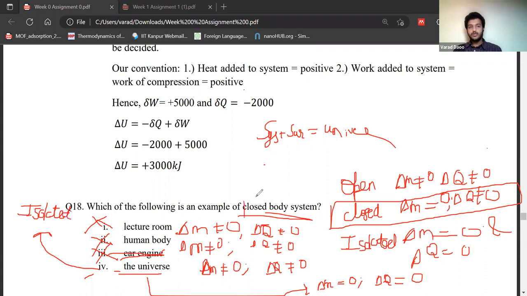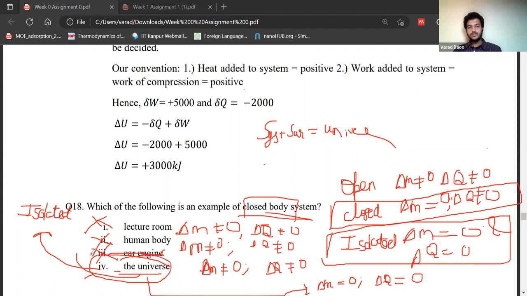But what we want is a closed system. So it appears that none of the options are correct. However, that is not so. If you look closely at the definition of closed system and isolated system, you will find that closed system is a subset of isolated system, right? That's why all closed system we can say are isolated. That means option 4 is correct, right?